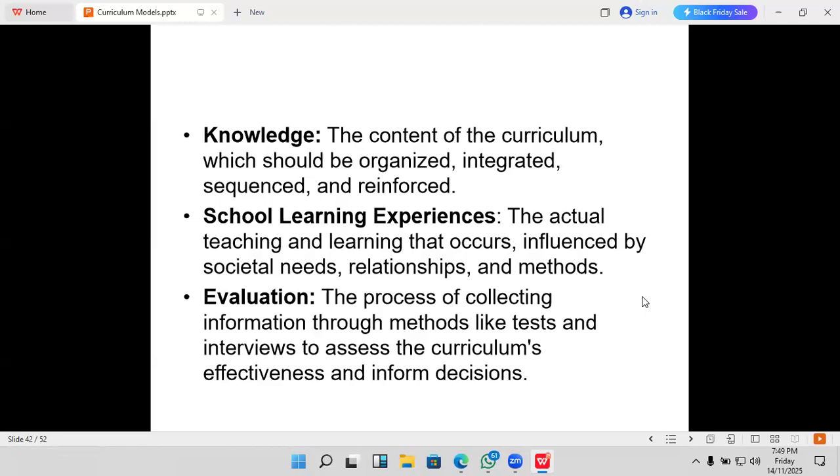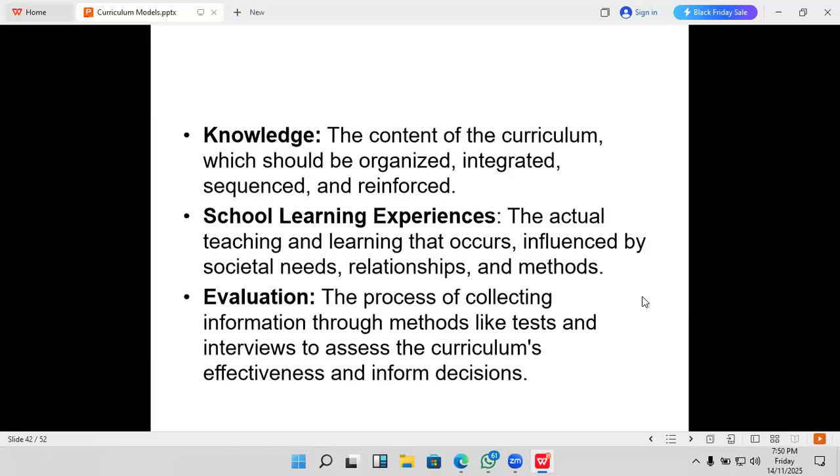Interpersonal relationships, human relationships, those are not only about giving knowledge. Through knowledge, some development, some skills, attitude change should take place in the classroom. Then only we can prepare the children to live in a society with other members. Then number three, evaluation, the process of collecting information through methods like tests and interviews to assess the curriculum effectiveness.